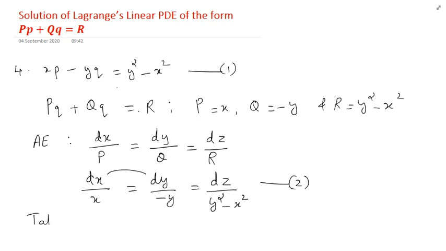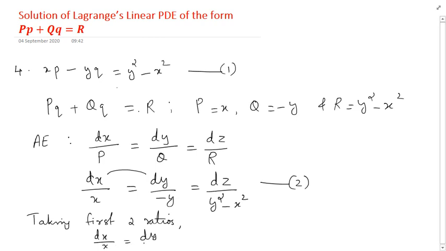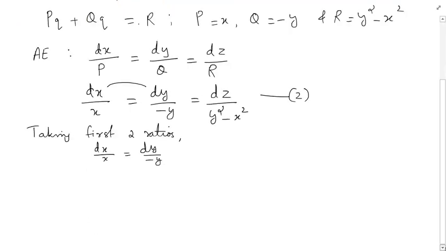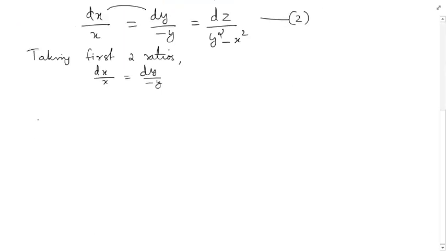So now taking the first two ratios, we can write dx by x is equal to dy by minus y, and now integrating, we can write log x is equal to minus log y plus a constant of integration, I'll write it as log a.